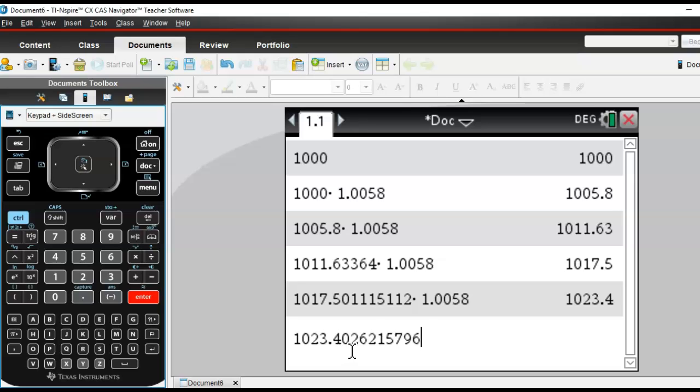You always need to double check, because your CAS calculator, when it's working things out, will cut things off. You can see by this example here that it has cut off a fair amount of information. You always need to double check what the full answer is. It's just as simple as I say, arrow up, hit enter, there it is. Okay, so we'll do the past exam questions in the next video.